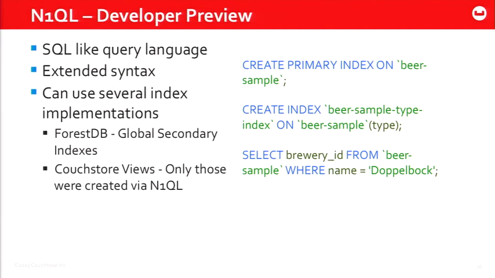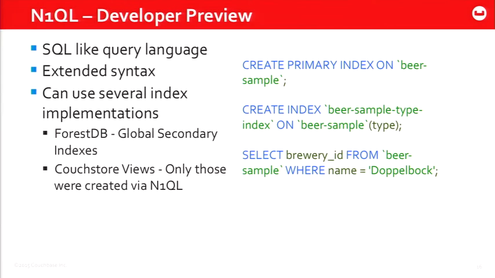But for those of you who did not yet see Nickel, our SQL-like query language. It extends SQL, right? And Nickel itself can use several JSON store implementations behind the scenes. One of the implementations is our new global secondary indexes, so ForestDB, and it can also use views.